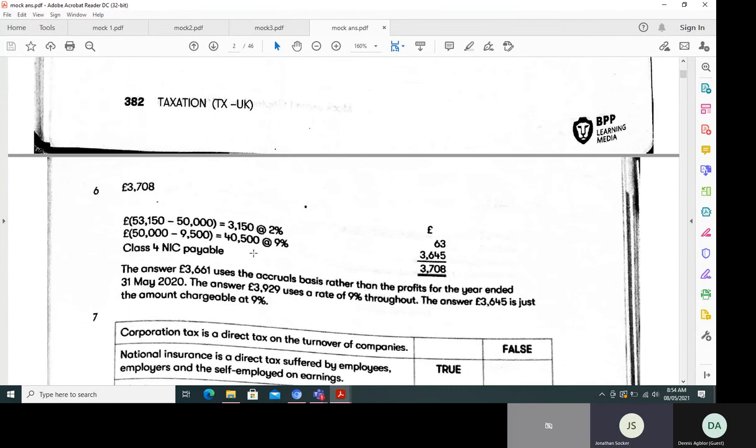Here they did the upper limit first, the 2% first before the 9%. If I'm solving, I will do the 9% limit amount first, then move on to the amount above the upper limit at 2%. But whichever approach you are comfortable with, follow.